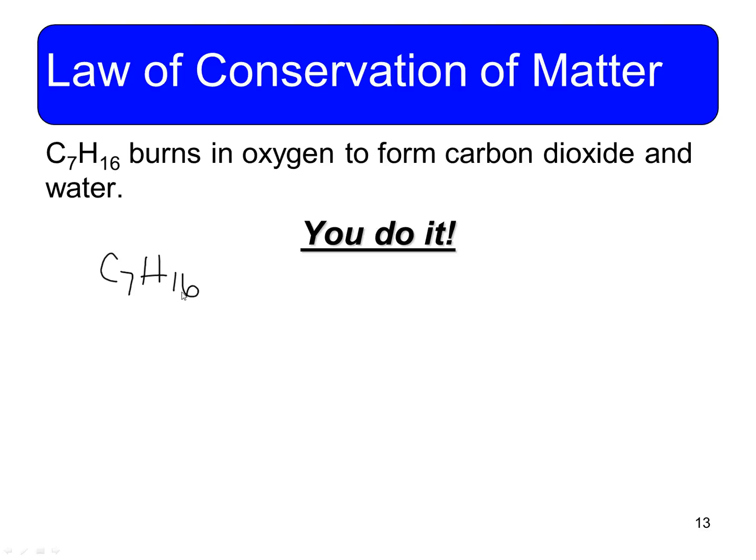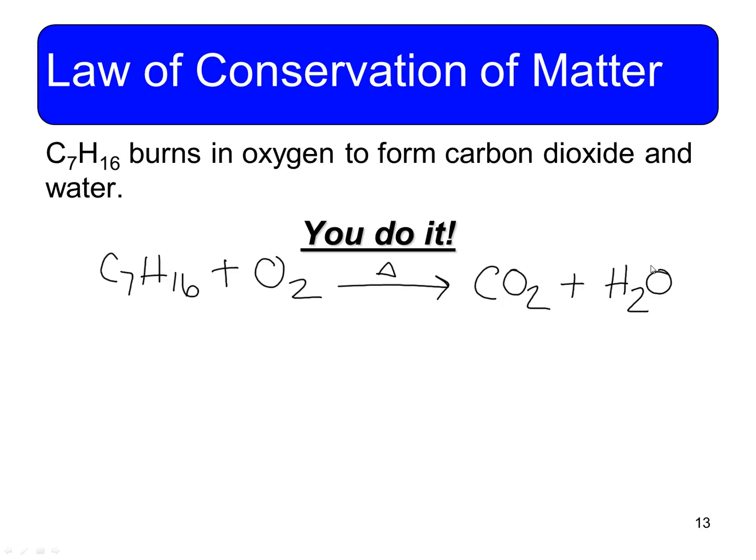So we talked about oxygen existing as O2, right? Because it's more stable. So you would say it burns in oxygen. Anything that's burning, if you want to be technical, we'd have that heat symbol there. And then it forms carbon dioxide. Okay, this is where you have to know your naming, and water.